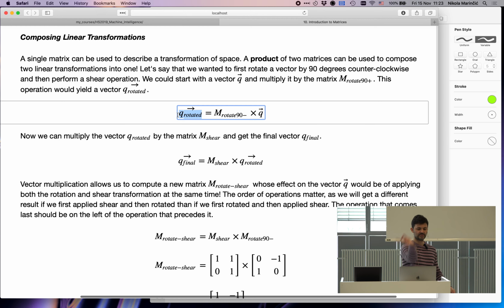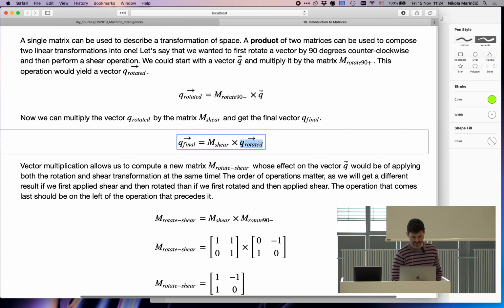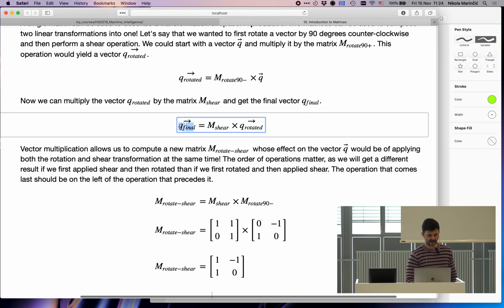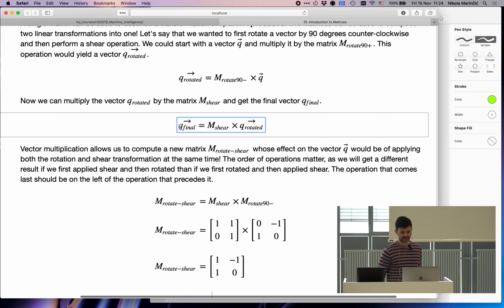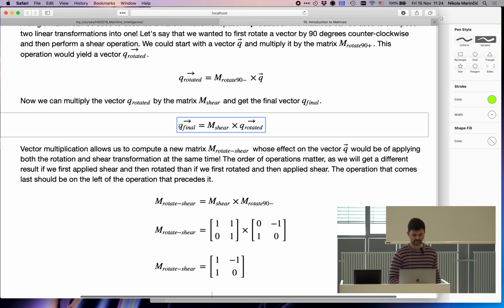So this is now Q, rotated 90 degrees. Then the next thing we do is take Q rotated and multiply it by a new matrix, M shear. This is the one which squishes it toward the right. And then you get the final vector Q final. So that's one way of doing that. You can imagine this is not very complicated. You just do the same operation twice.